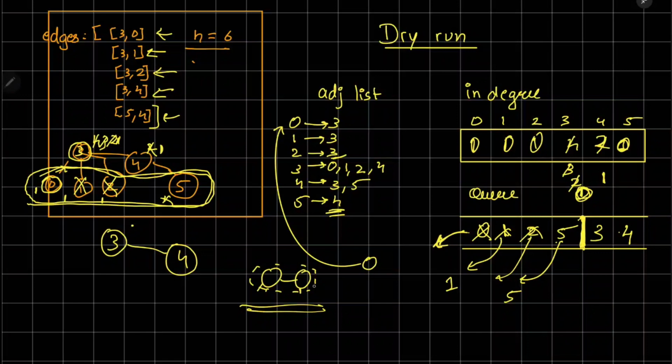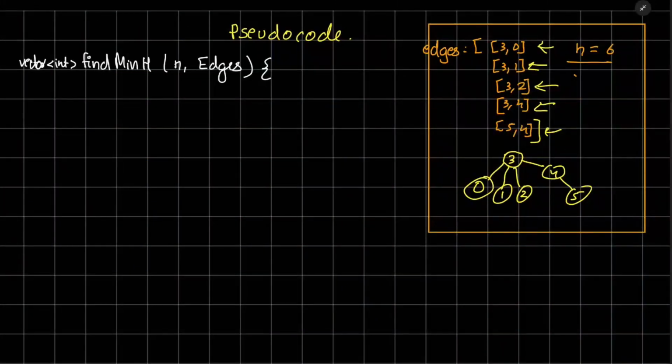Okay, so now let's see the pseudocode of this problem. In the find minimum height function, we have two arguments, n and edges.